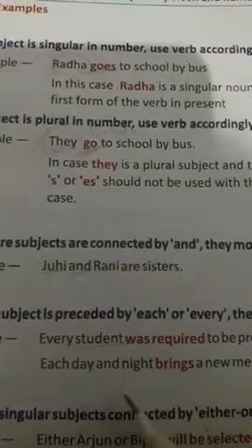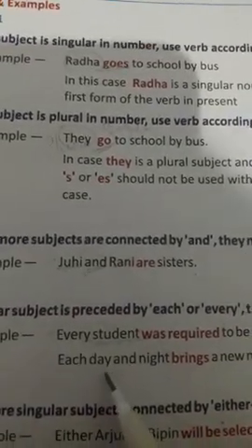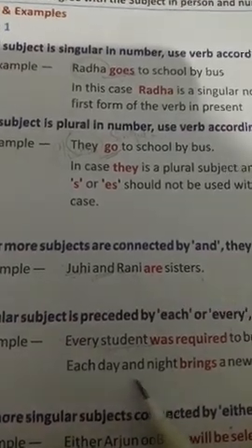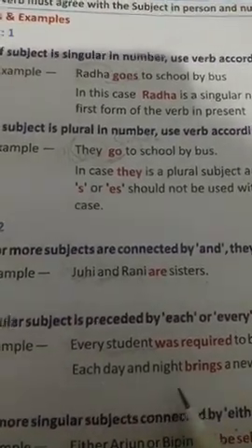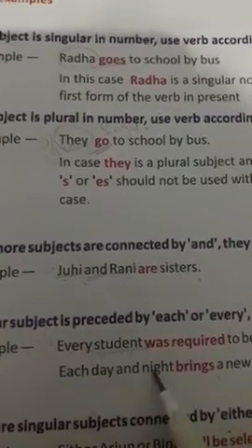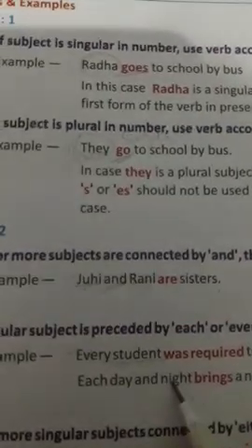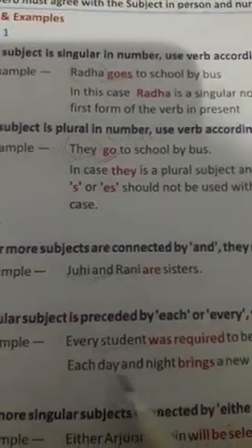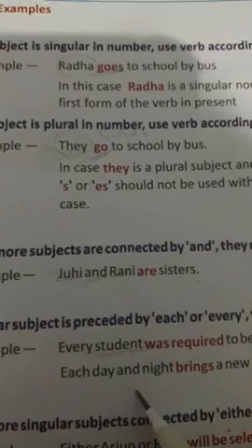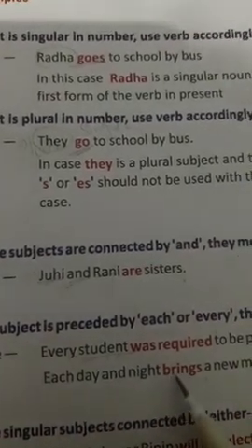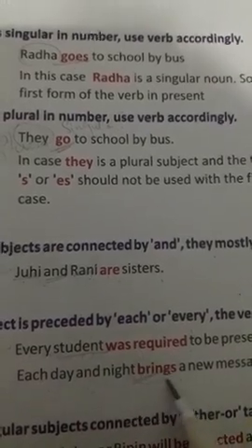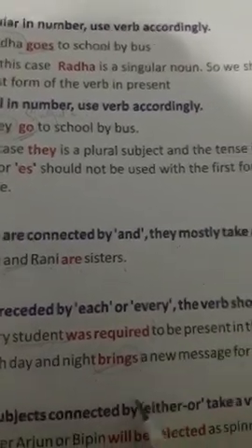That is the reason that here you can see that the each is preceded by plural subjects. Okay, two subjects are there and they are connected by and, then they will take the plural verb. You can see the plural verb here.